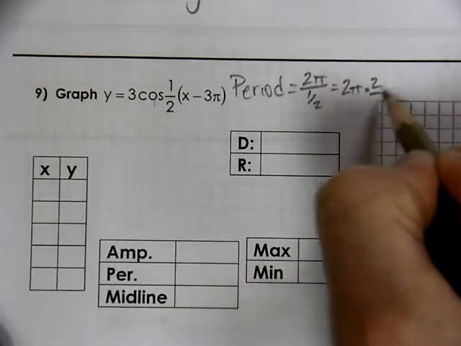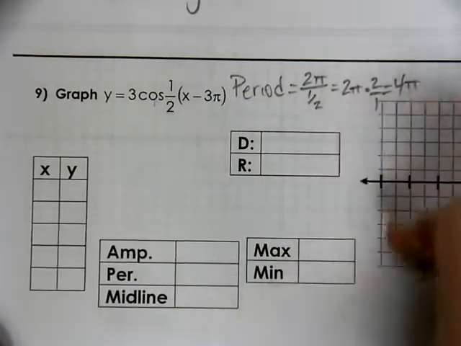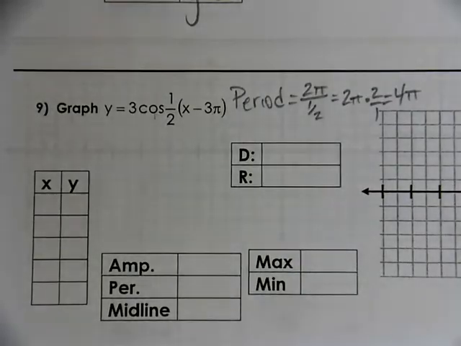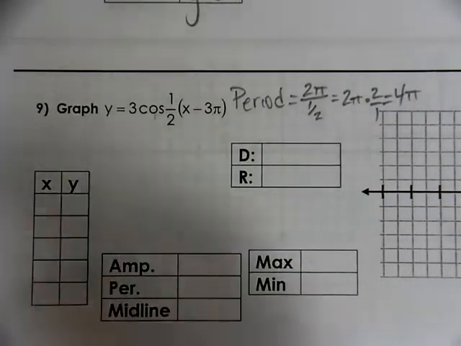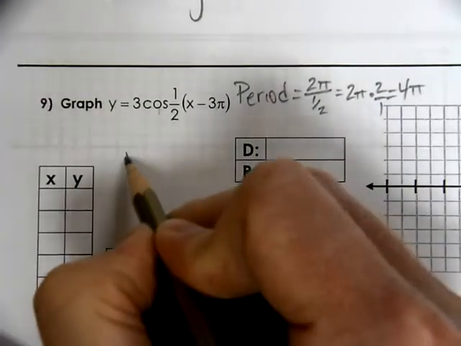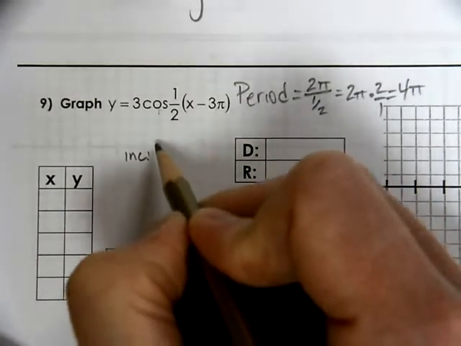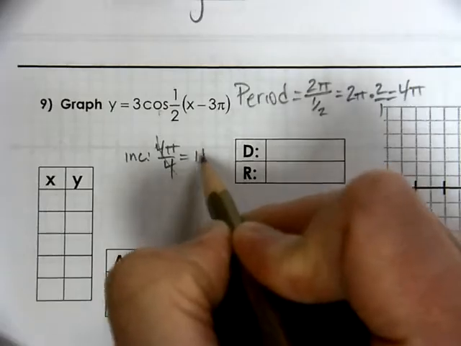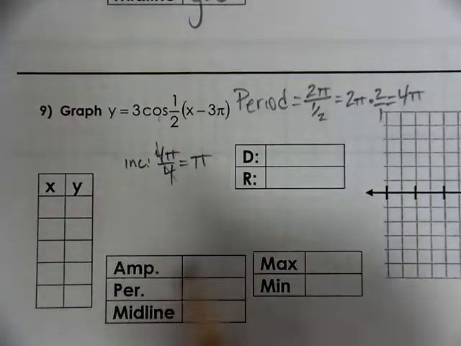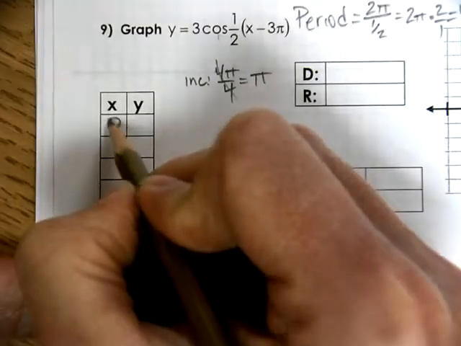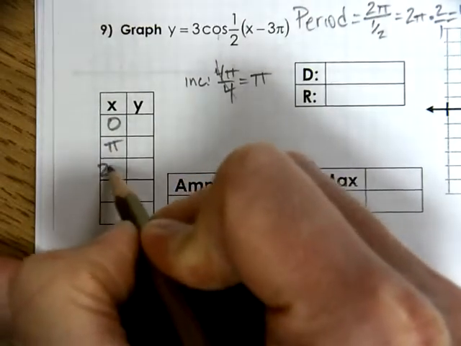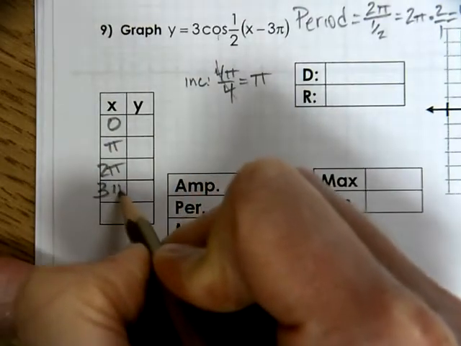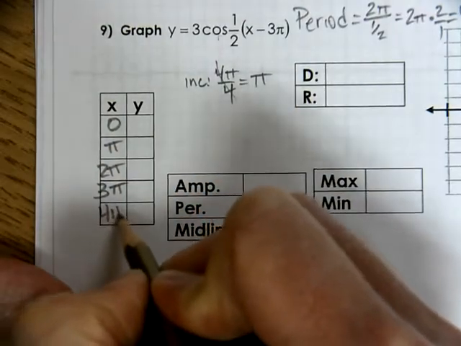You multiply it by the reciprocal, so we're getting 4 pi as our period. So next we're going to calculate the increment, and it's 4 pi divided by 4. So that gives us pi. So that means we're going to say 0, 1 pi, 2 pi, 3 pi, and 4 pi.